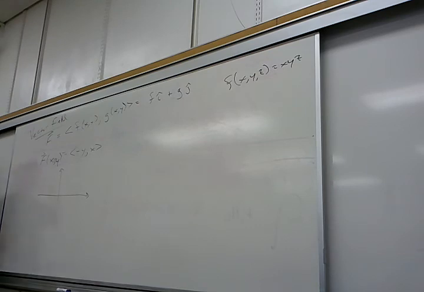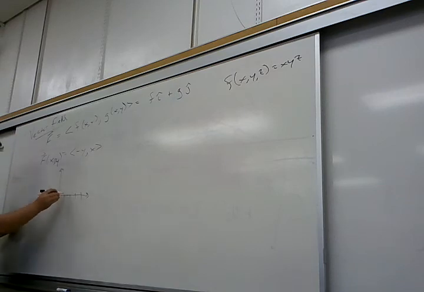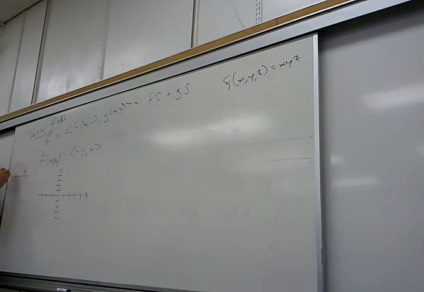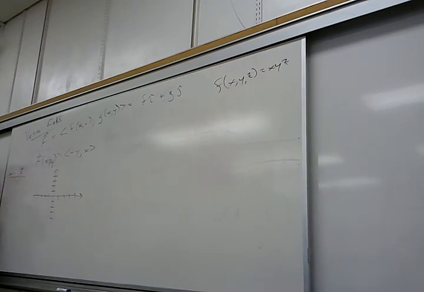What's really going on here, for example, is at the point 1, 1. At the point 1, 1, what's the value of f? Negative 1, 1. Yeah, the output, like we said earlier, is going to be a vector.